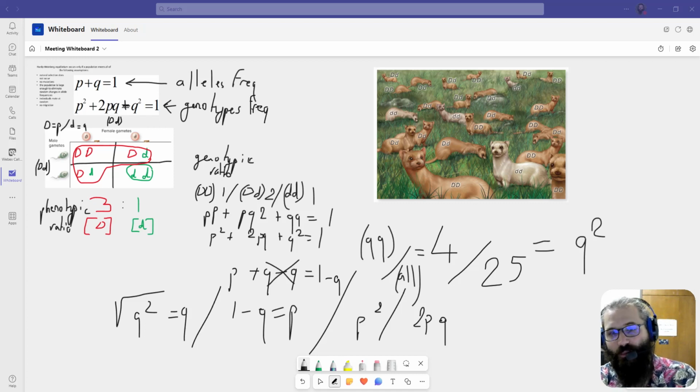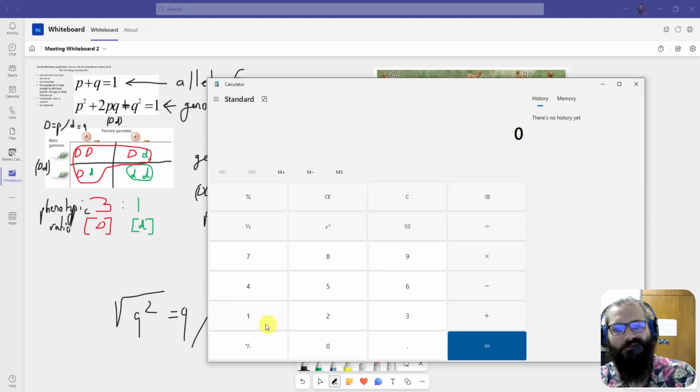So it's 2 times 0.6, 1.2 times 0.4, and that would be 1.2 times 4, which is 4.8 divided by 10, which is 0.48, I believe. Is 0.6 times 2 times 0.4, 0.48.